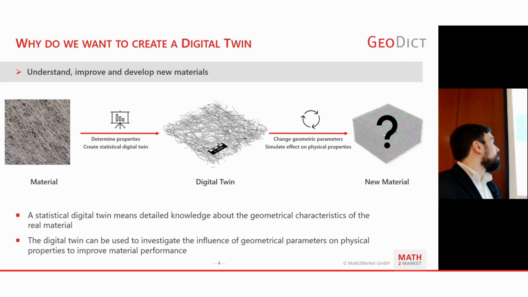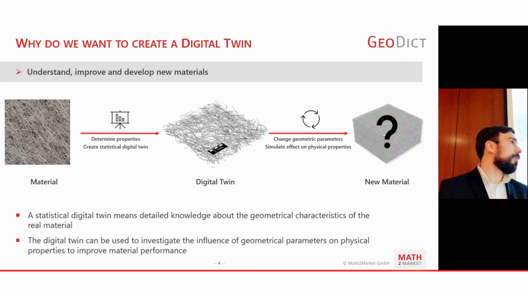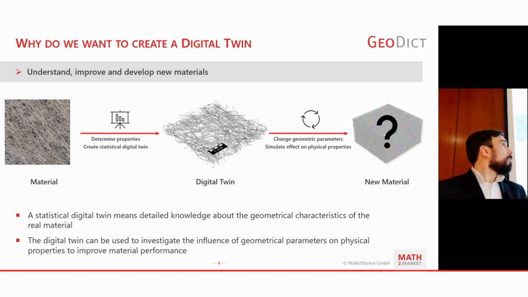So why do we want to create a digital twin in Geodict? Well, I think it has been talked about a bit already this morning. First of all, creating such a digital twin gives us a lot of insights into the material. So we really understand it. For example, do we have a material with multiple layers? Are there multiple fiber types in there? Is the orientation maybe changing throughout our material? Stuff like this. And then once we have created such a material, we can actually start to play with the parameters.